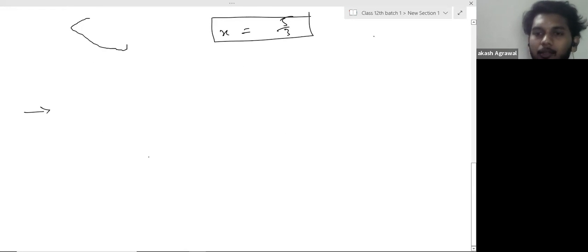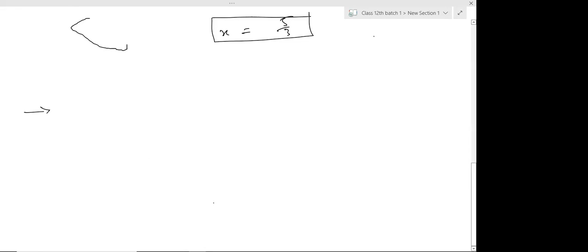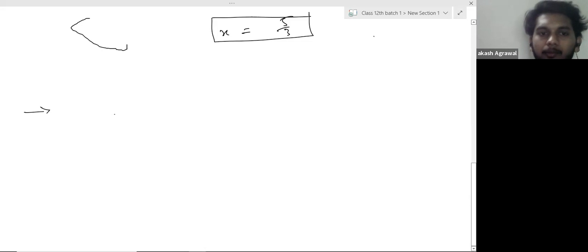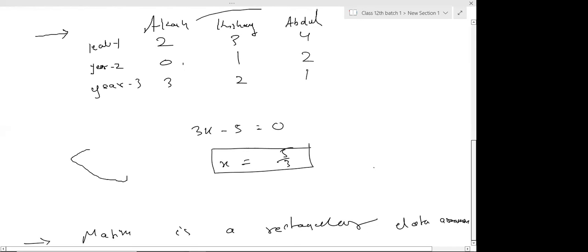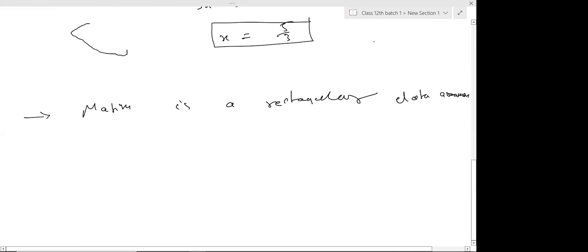Is this clear what matrix is? Yes, sir. All right, you can write the definition also. Matrix is a rectangular data arrangement of m rows and n columns. You can write. Are you able to read my handwriting?